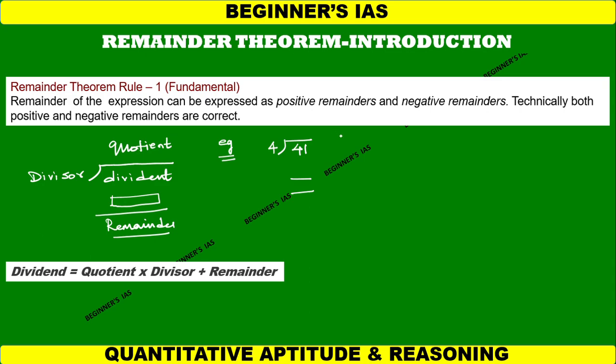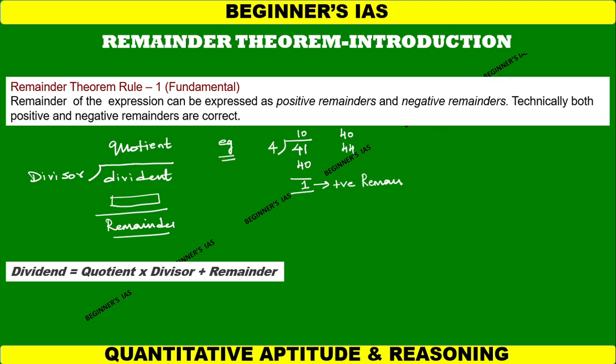Here the divisor is 4, and the nearest multiples of 4 with respect to 41 are 40 and 44. Here I am taking 10 times 4, which means 40, which leaves you a remainder of 1. This is nothing but the positive remainder.